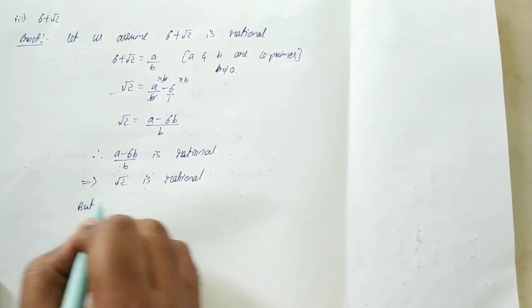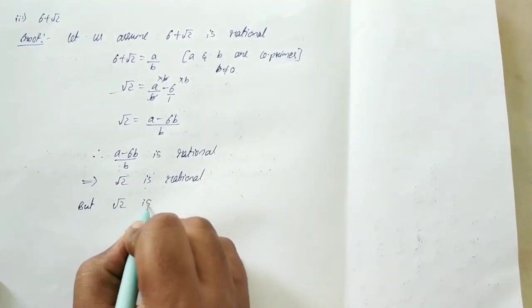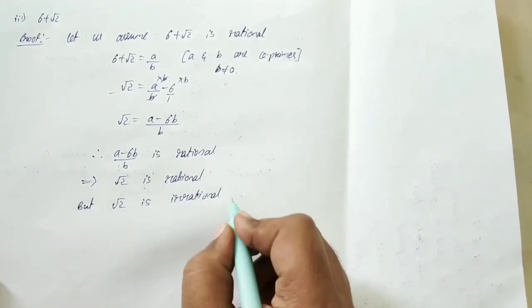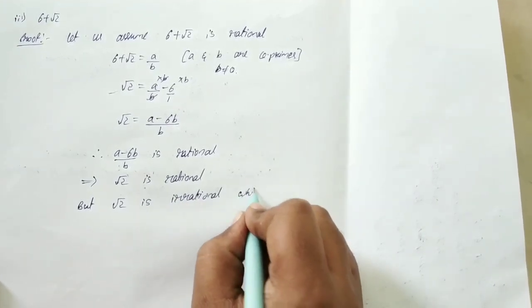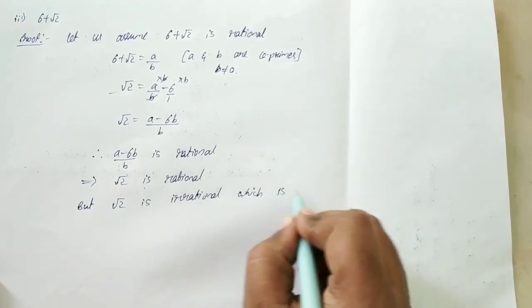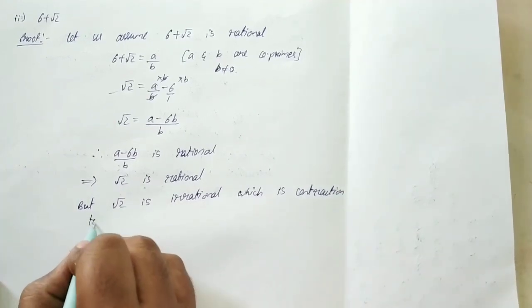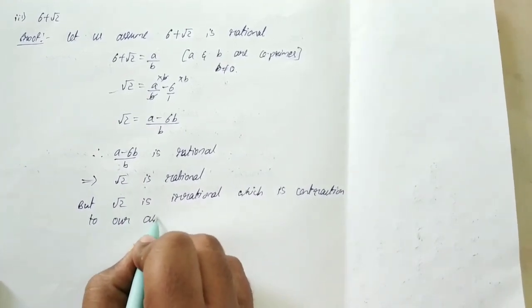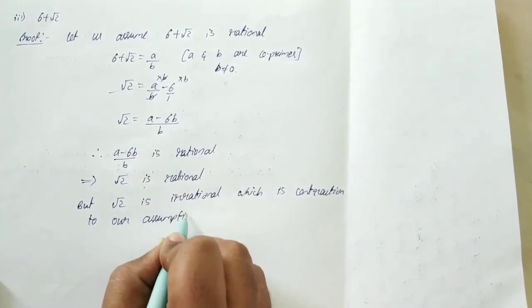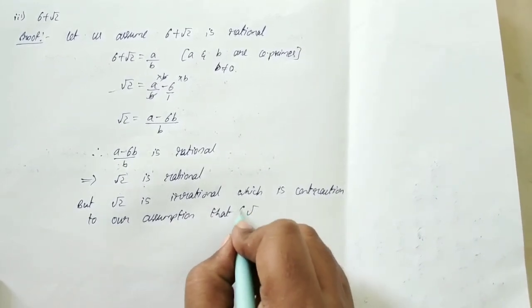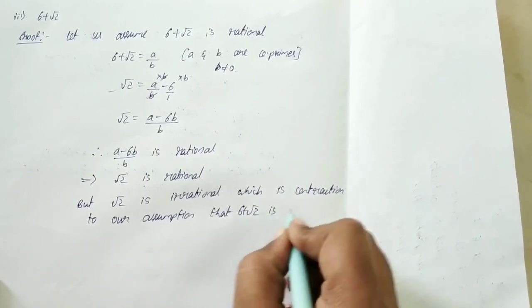But we know that root 2 is irrational, right? We know that root 2 is irrational, which is a contradiction to our assumption that 6 plus root 2 is rational.